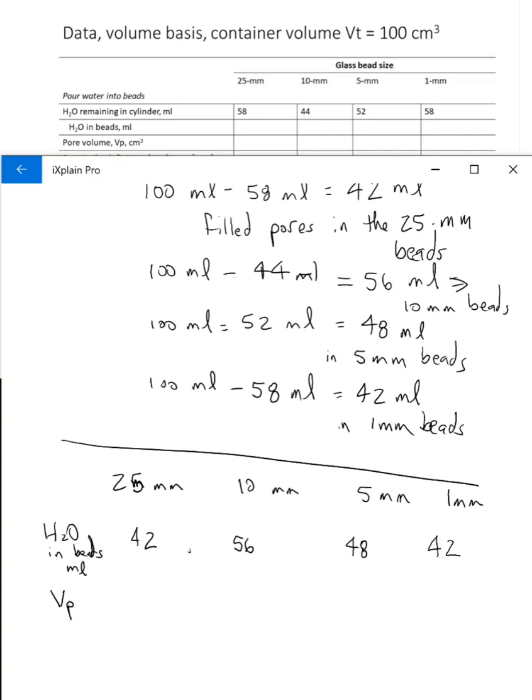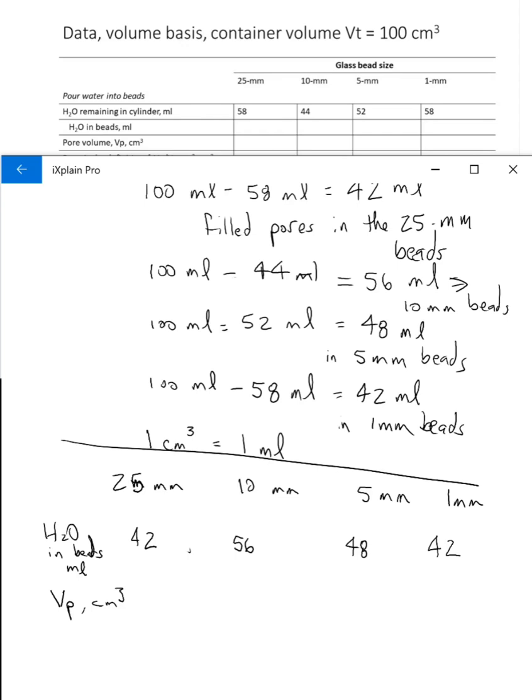Since we're using a model here in cubic centimeters, we already know previously that 1 cubic centimeter is equivalent to 1 milliliter. An assumption we're making at this point is that all the pores in these marbles, graduated cylinders with marbles, were filled with water.